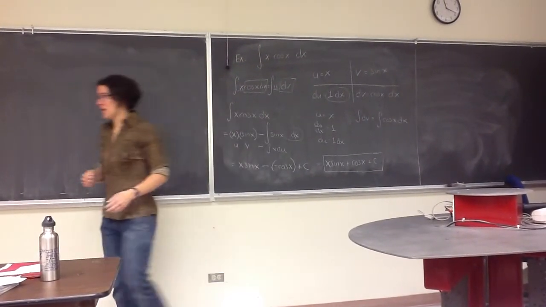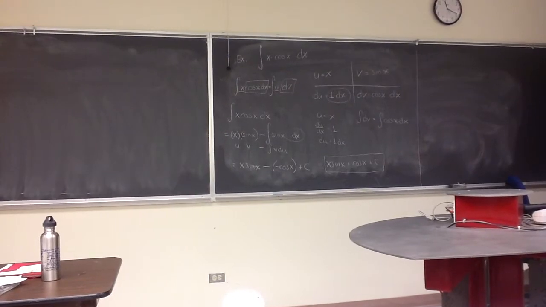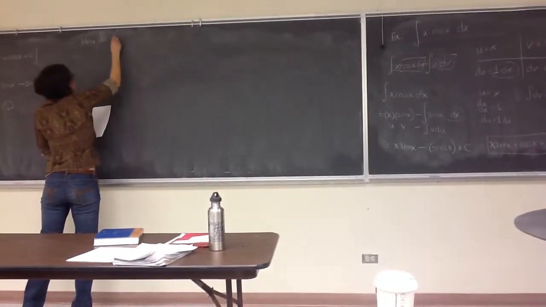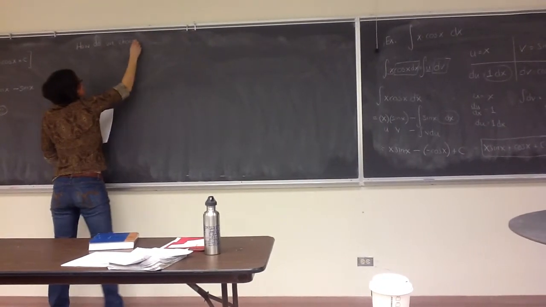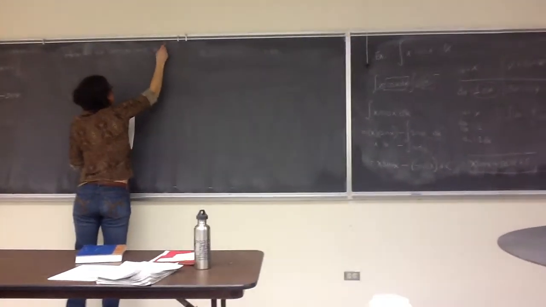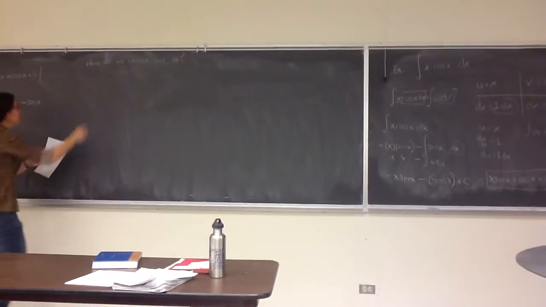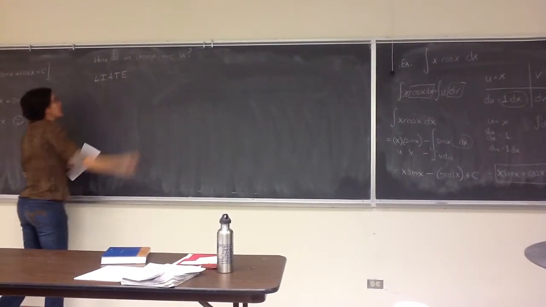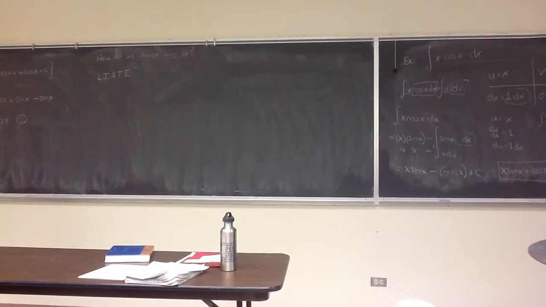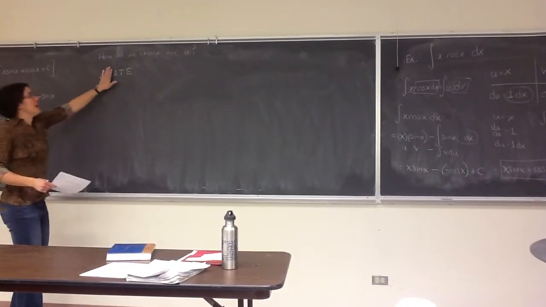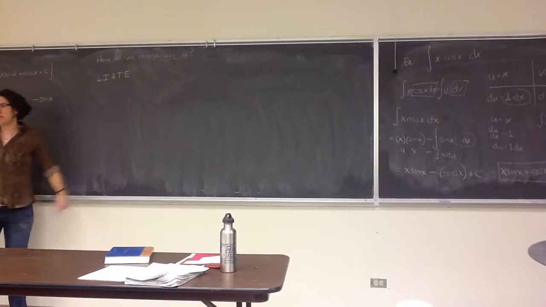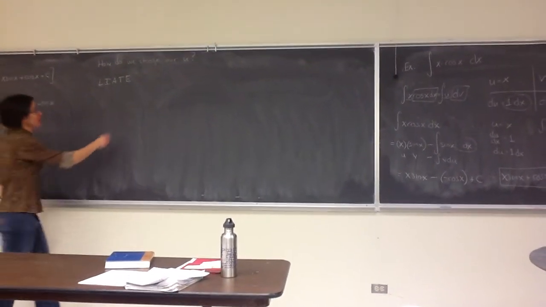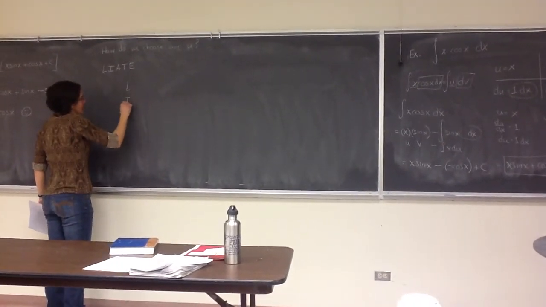For integration by parts, how do we choose our u? There's an acronym, LIATE. If you ignore the I, then it's late, but the I can sometimes show up, so you maybe remember it as LIATE. Here's what the letters stand for.